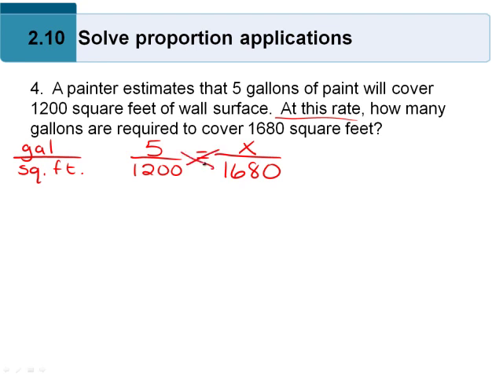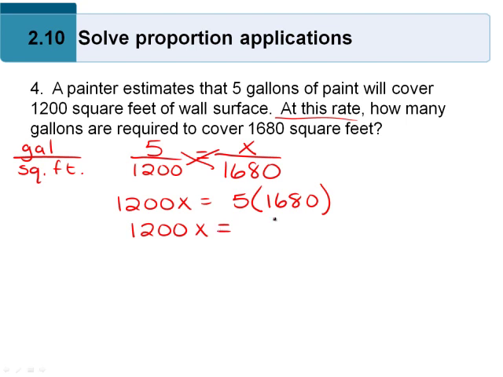Now we cross multiply. So 1,200x equals 5 times 1680. Bring down the 1200x, do your multiplying. 5 times 1680 gives you 8400.